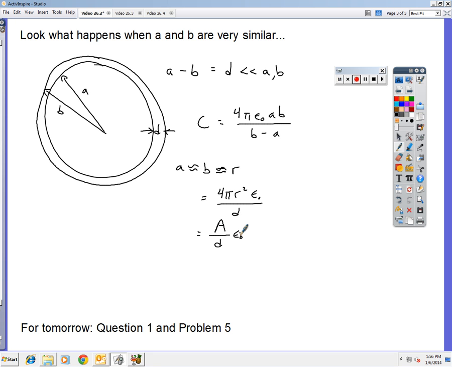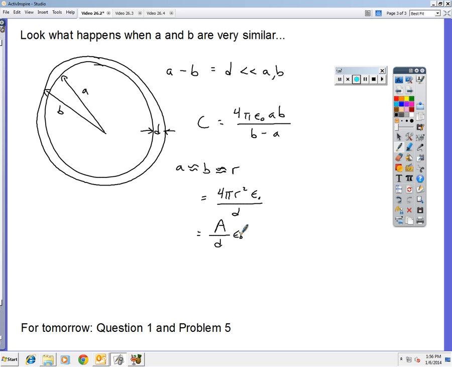And so for the case where a and b are close together, the expression for the spherical capacitor actually results in the same equation as a parallel plate capacitor, just in this case the plates are bent into spherical shapes. Keep in mind though, this is only true when a and b are close together.